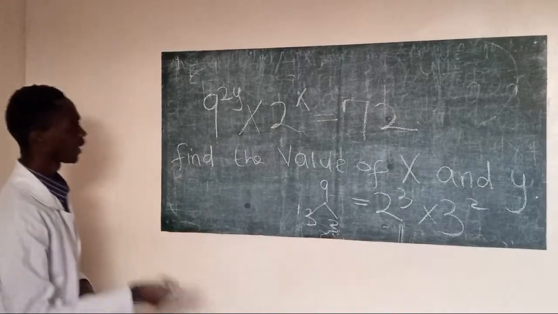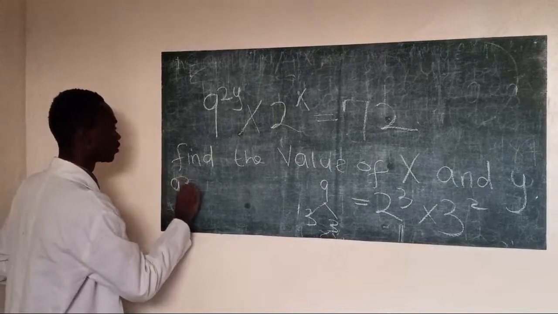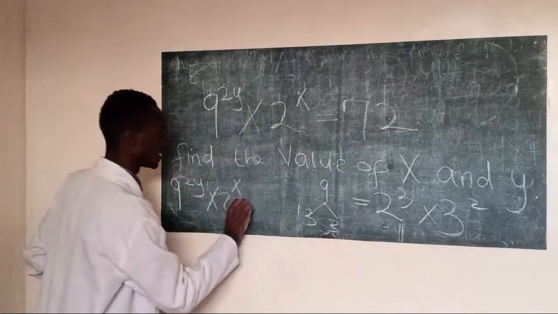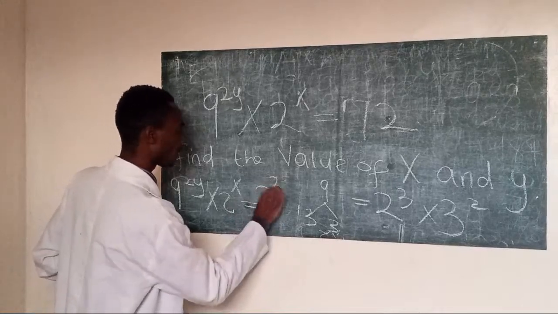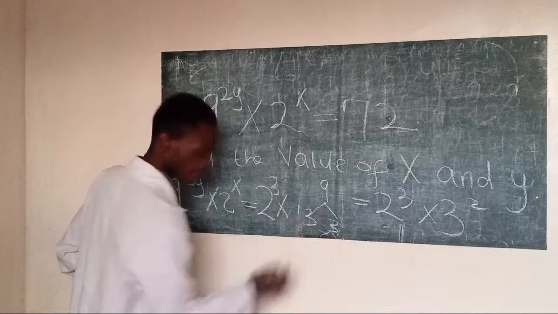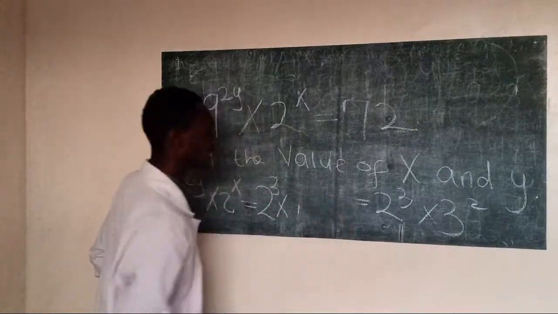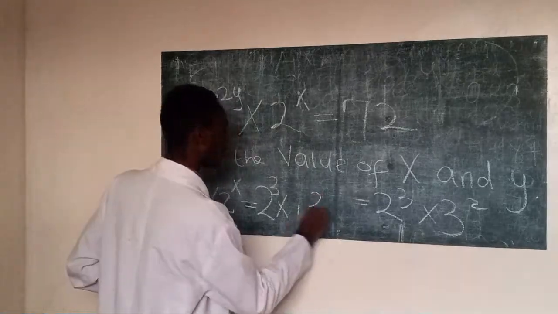So that means that 9 raised to power 2y times 2 raised to power x is equal to 2 raised to power 3 times 3 raised to power 2.